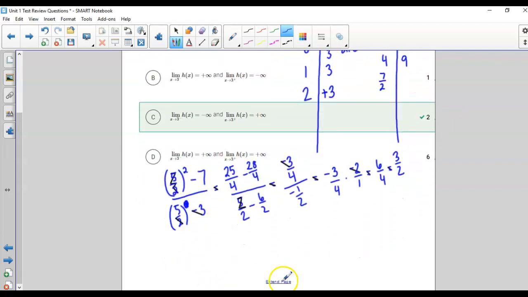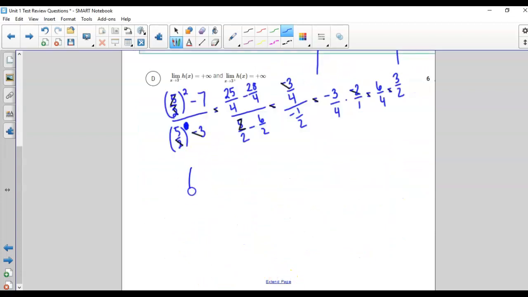So we've got 7/2 squared minus 7 over 7/2 minus 3. So that's going to be 49 over 4 minus, I'm going to go ahead and make this 28 over 4 over 7/2 minus 6/2.